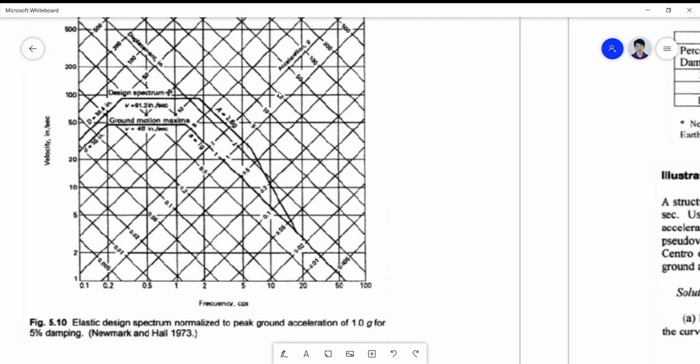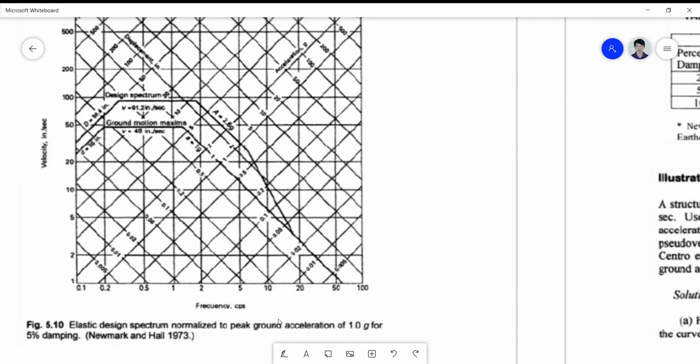So if you take a look at this acceleration axis or coordinate here, this is the 1. This is the basis for your normalized, okay? Normalized spectral graph.